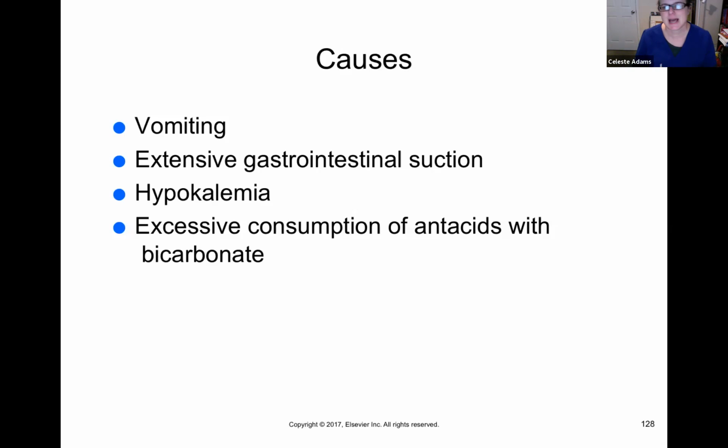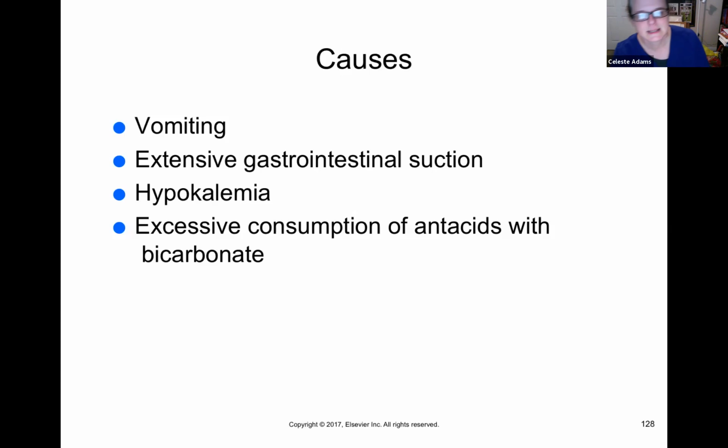If you have low potassium, you're going to have high bicarb. If you have high potassium, then you're going to have low bicarb. High potassium, low bicarb; low potassium, high bicarb.